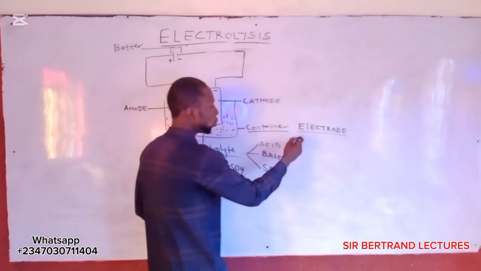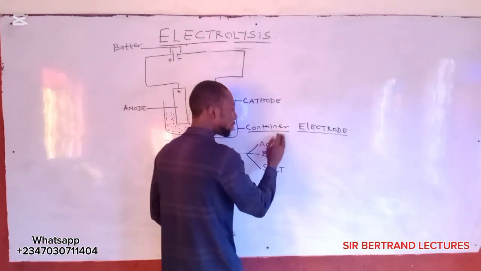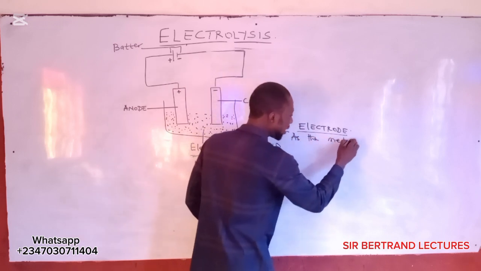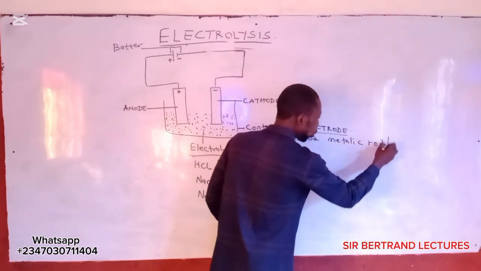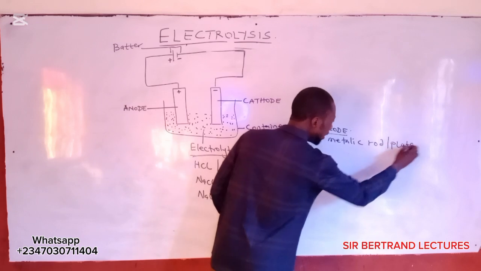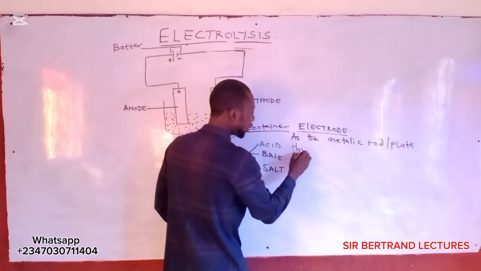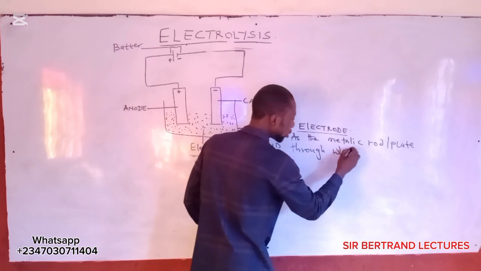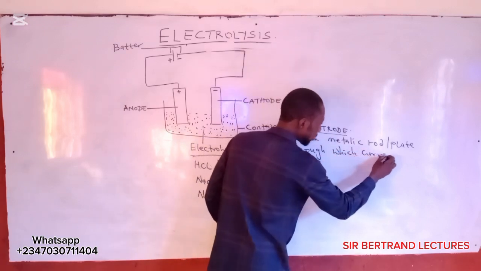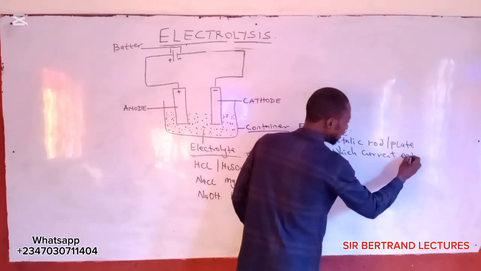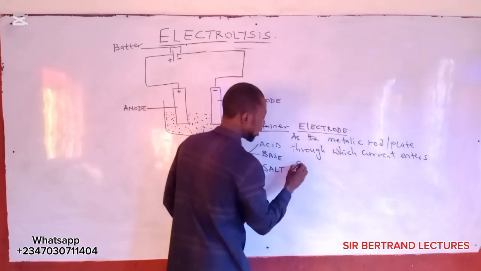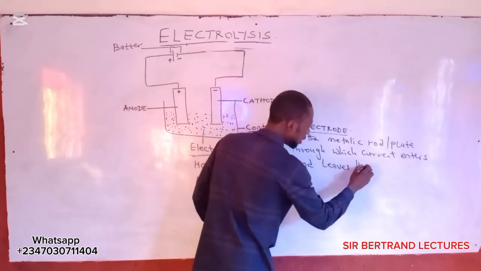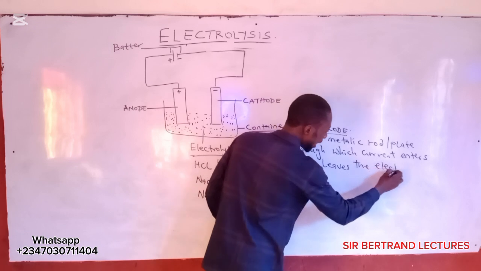Now, an electrode is defined as the metallic rod or plate through which current enters and leaves the electrolyte.